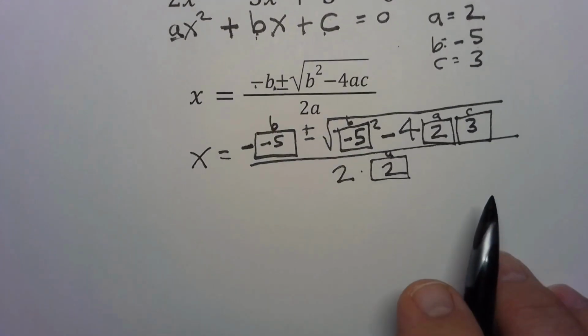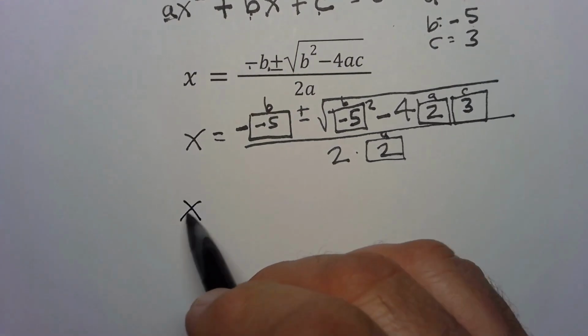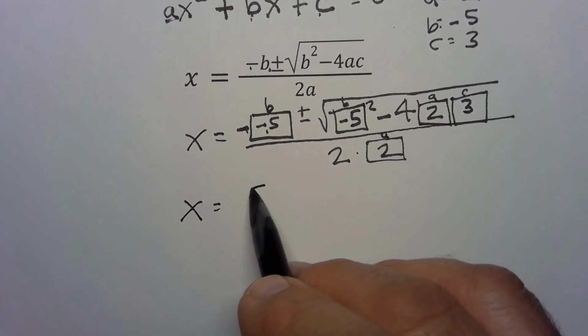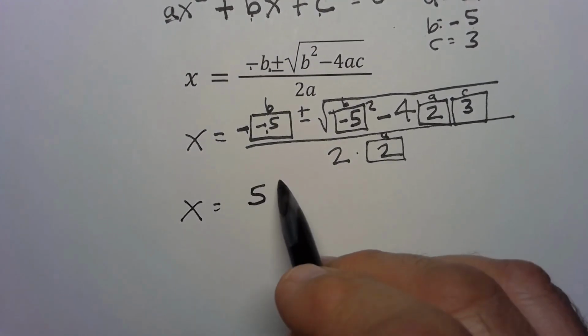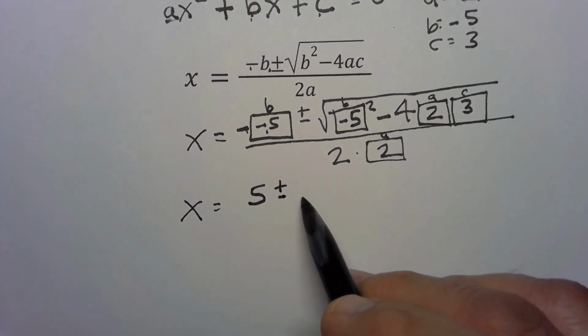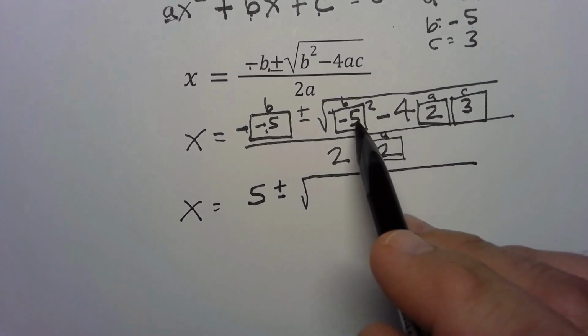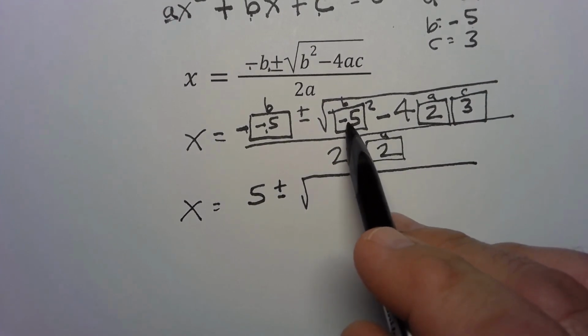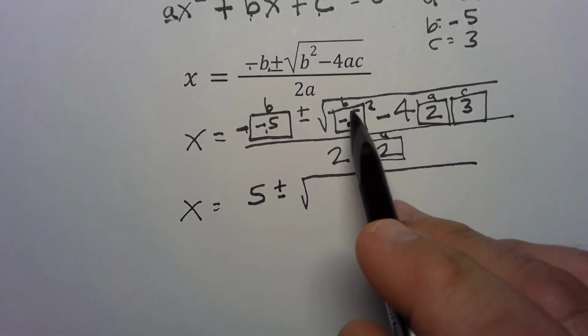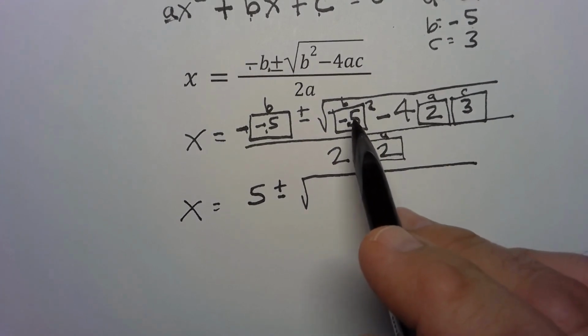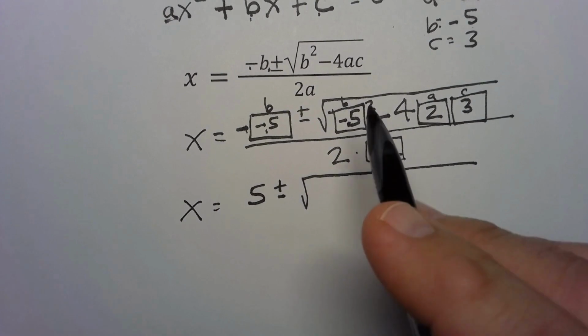So far, so good. Let's clean this up a little bit. So I've got a negative of a negative, so that becomes a positive 5, plus or minus, square root, and we've got the negative 5 squared, and the whole thing is squared, so a negative times a negative is a positive, so 5 times 5 is 25.